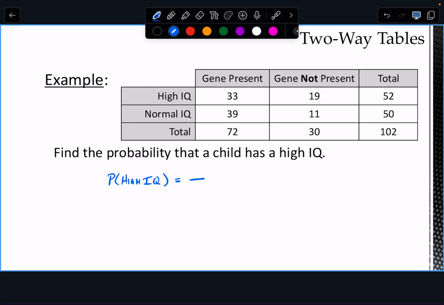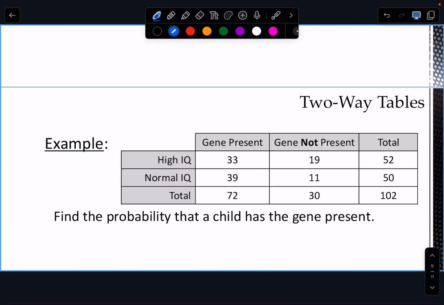So if I'm selecting from all kids, I have the 102 total kids as my denominator. I've got to figure out what I want in the numerator. If I want a high IQ kid, how many high IQ kids were in the sample? 52. So there's my numerator. And then I would either reduce that or plug it in the calculator and get a decimal version of that. But all I'm doing when I'm calculating these probabilities is picking whatever number I need from the table, putting it together with whatever sample space is associated with that question, and then calculating the associated probability.